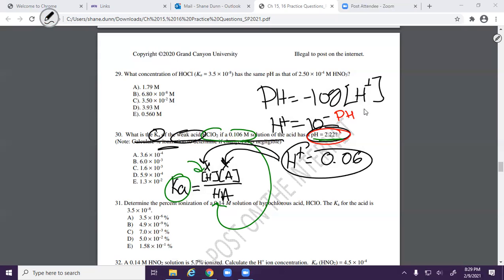So that's plugged in twice, because remember, HA is broken down into hydrogen and A. Yep, it is, my bad. So we're going to take 0.006, square that value, and divide by 0.106.